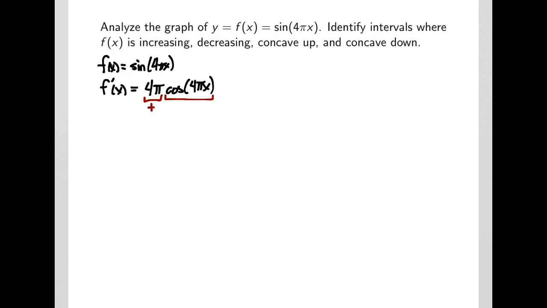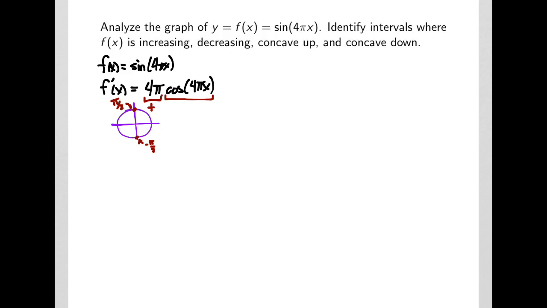And so I'm going to think now about the cosine function using the unit circle. The cosine is an x-coordinate, and it equals 0 when the angle is either pi over 2 or any 2 pi loop in addition to that, or negative pi over 2. Except that this time my angle is 4 pi x.